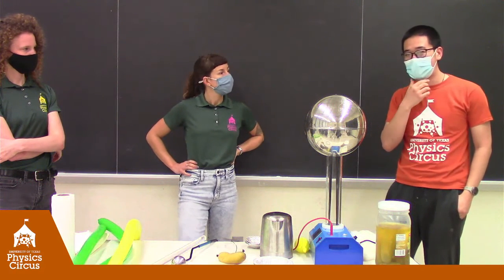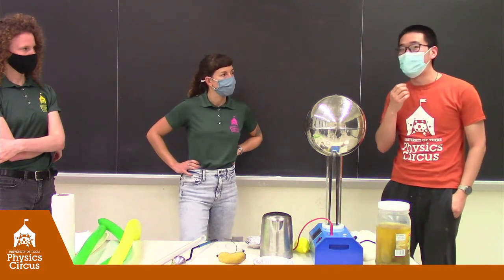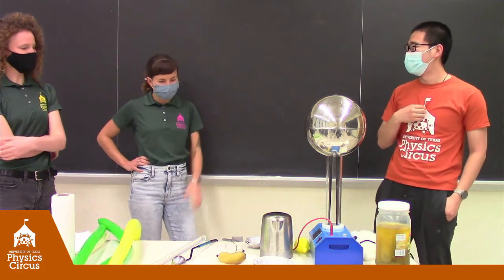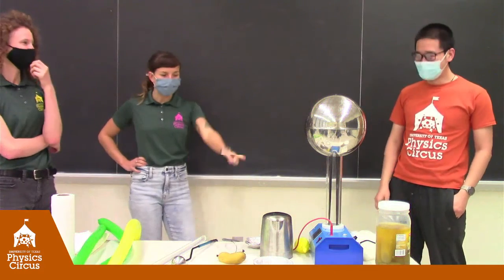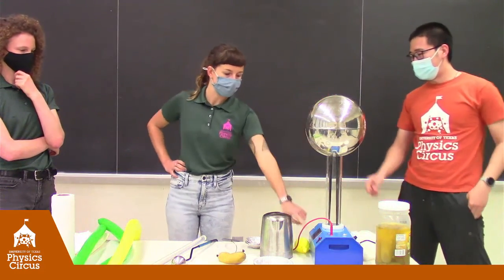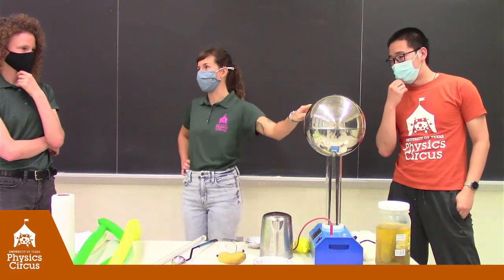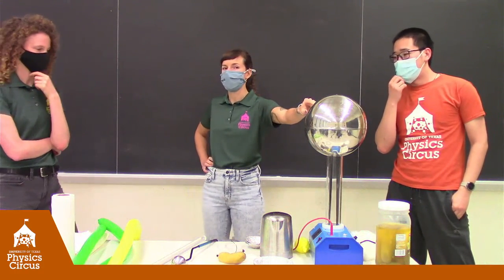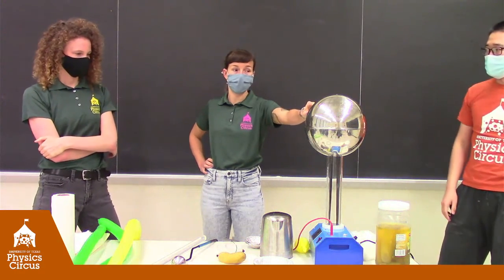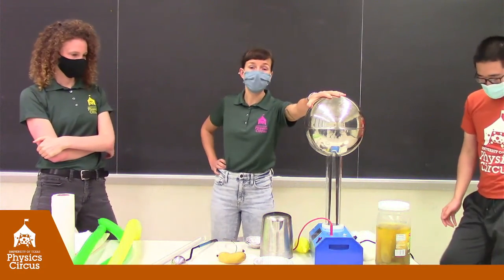For the banana, I was thinking maybe we can use a higher voltage. But this is already pretty high. This is the input voltage, but I think it gets to like 10,000 volts or something. Electricity has all kinds of fun properties, and you can actually touch this.